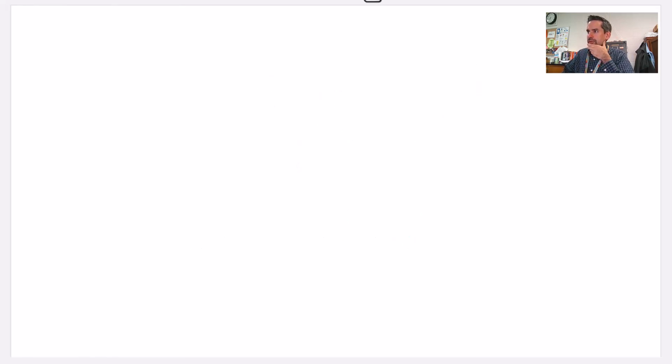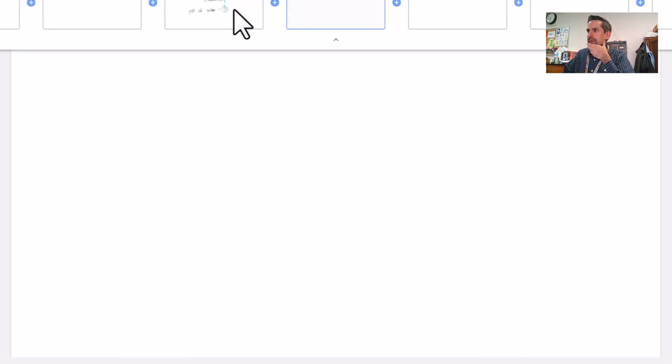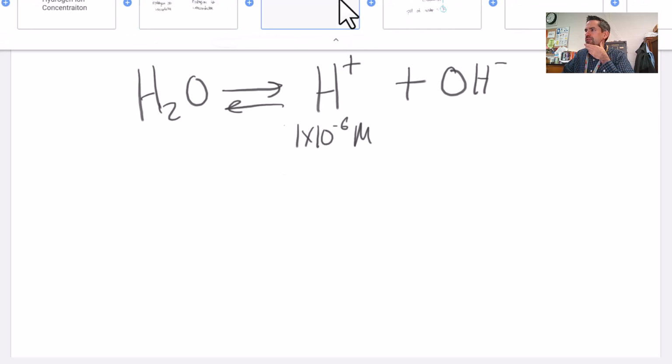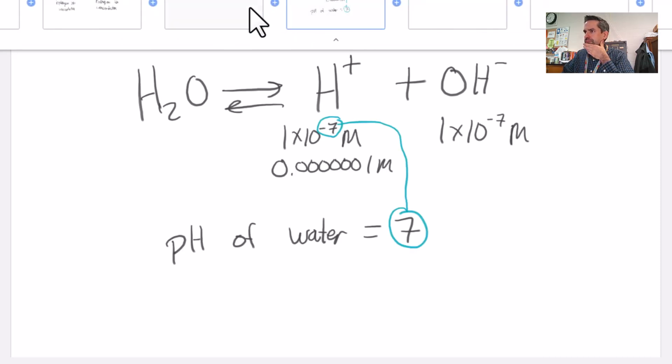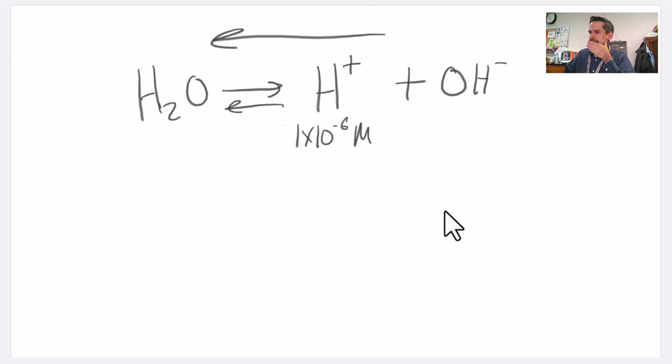Sorry, I didn't show this. I'm on the wrong one. Shift this to the left. And make more H2O. And it would decrease the amount of OH minus. So that would actually become 1 times 10 to the -8 molar.